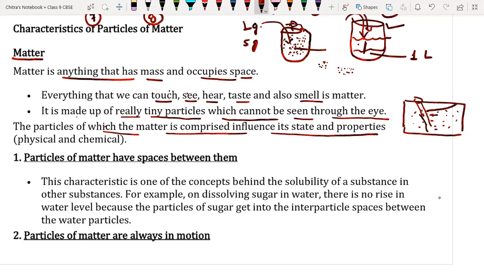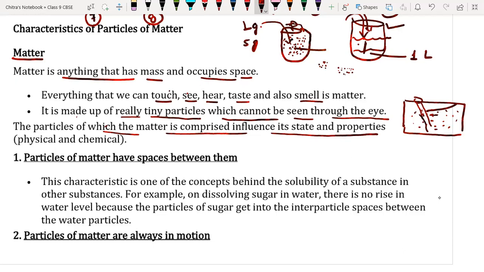Suppose we take the example of a fiber chair. It is made up of tiny polymer compounds, and those polymers combine together to form the matter, which can be molded into different objects.